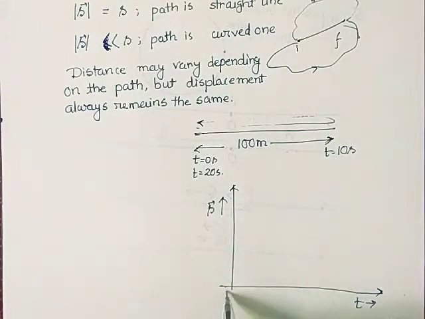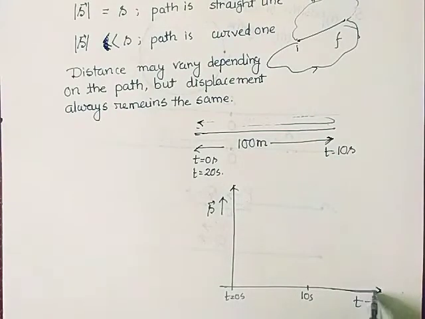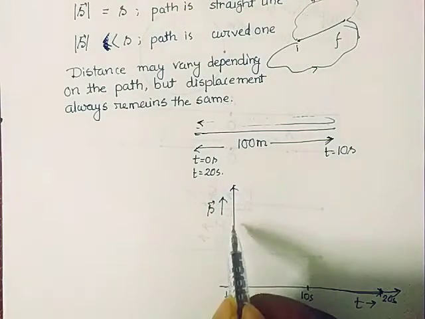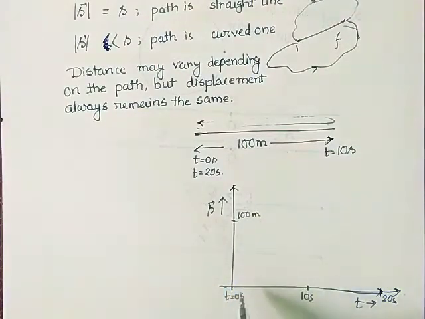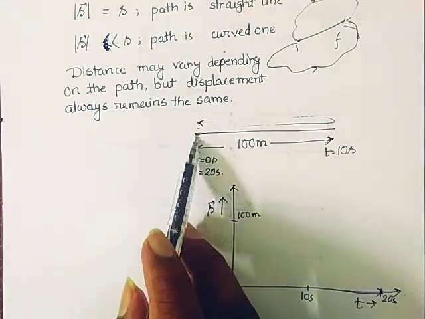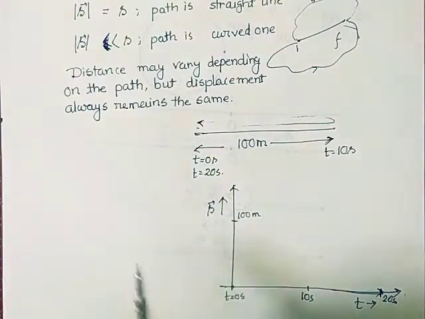This is t equal to 0 second, this is t equal to 10 seconds, and somewhere I extend it, that is t equal to 20 seconds. If it represents the 100 meters, at t equal to 0 it is at the initial point, so 0, 0.